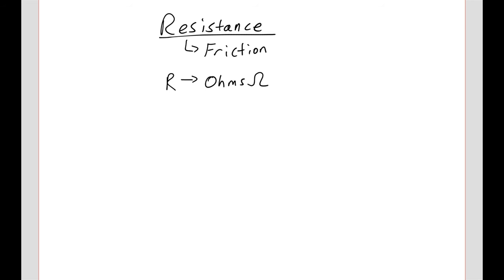That will be our omega symbol. So the higher the resistance, the more friction you have, and the current will slow down. If resistance goes up, your friction is going up and your current will slow down. If you have less resistance, you have less friction, therefore current can go faster.